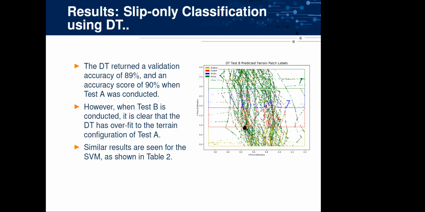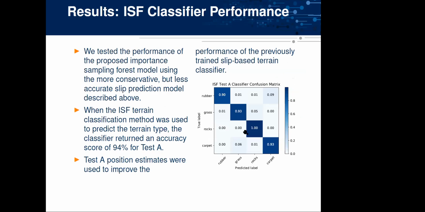And then we trained our model and tested the performance using the proposed method, and the confusion matrix showed us that our model is performing much better when we introduce position estimates rather than just sleep estimates alone, and we resample on that.